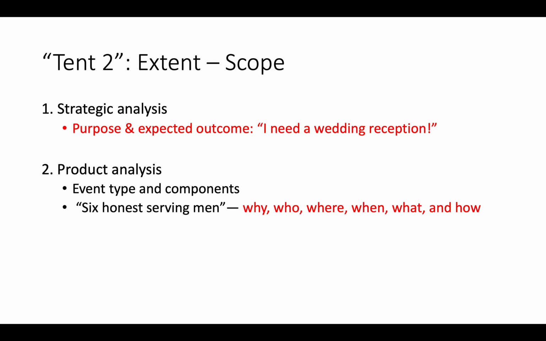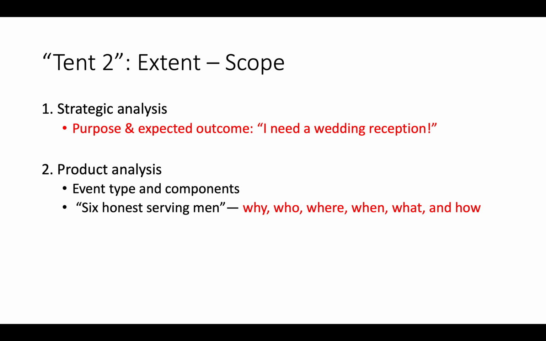For example, a person wants to hold a wedding. So we can understand the purpose of the person who wants to hold the event is for wedding purpose. And we can conclude, the purpose of the event is I need a wedding reception.